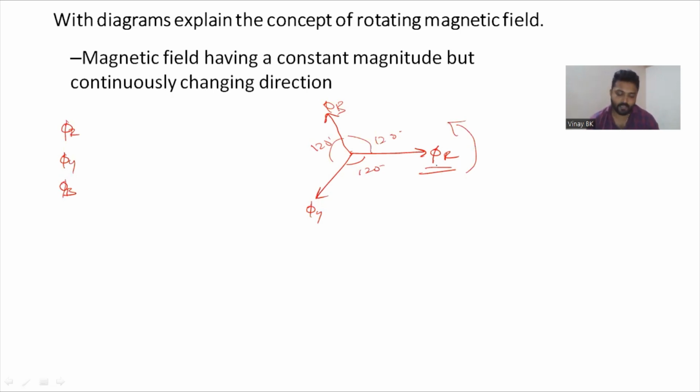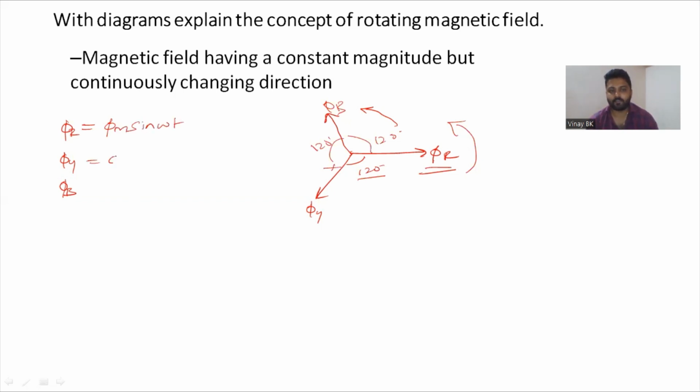By considering phi R as the reference, phi Y lags phi R by an angle of 120 degrees, and phi B lags phi R by 120 plus 120, that is 240 degrees. Or else you can say phi B leads phi R by 120 degrees. So the reference instantaneous flux, phi R, is given by phi M sine omega t.